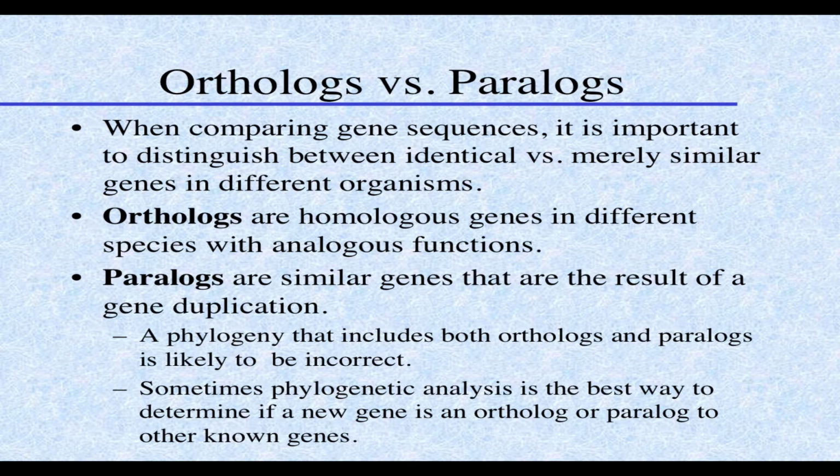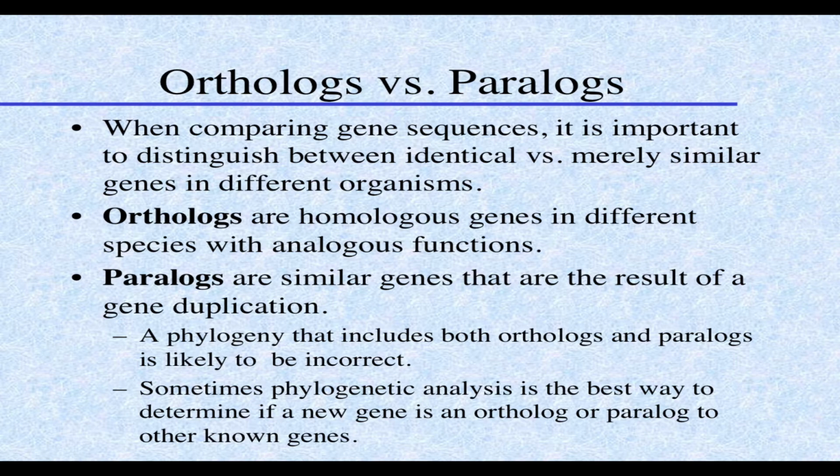So it's basically same gene, same role, different species. Any example I give is going to be controversial, but let's just say actin, right? So there's a mouse actin and a human actin and a frog actin, and they should all be orthologs.